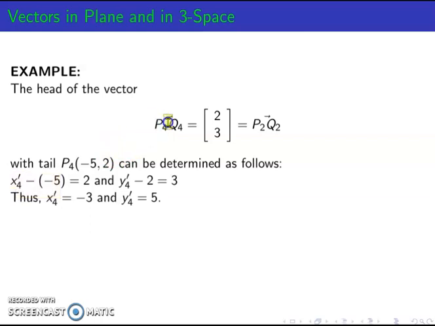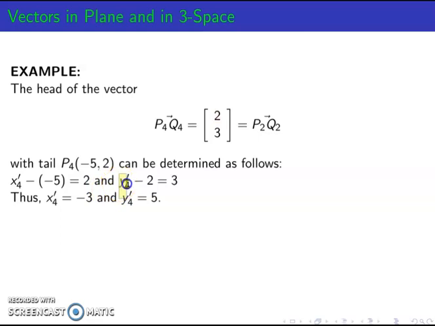Here, x prime is the x coordinate of the head. Minus x, where x is the x coordinate of the tail, which is P4, that corresponds to -5. So you have x prime sub 4 minus x equal to 2, which is the x component of this vector.